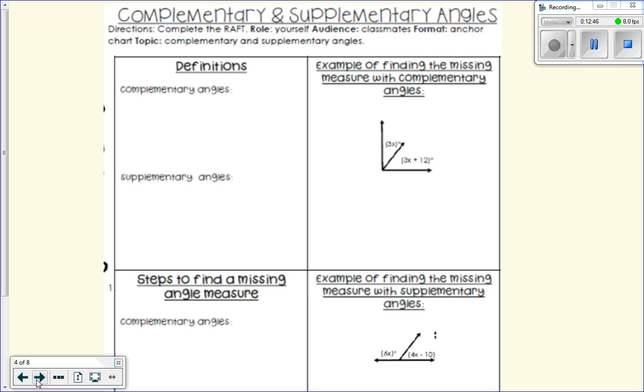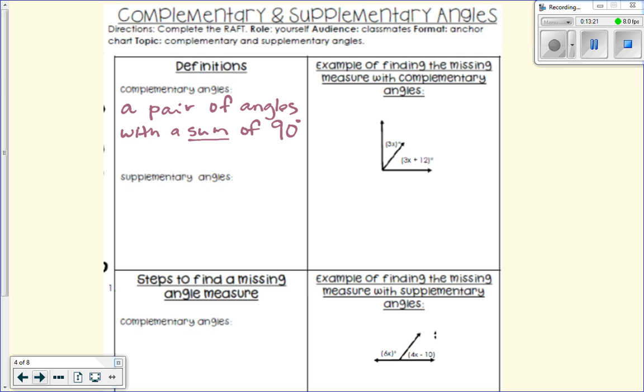Complementary angles is a pair of angles with a sum of 90 degrees. Okay, the angles can be separate angles from each other, and they just add up to a sum of 90 degrees. They can also be next to each other.